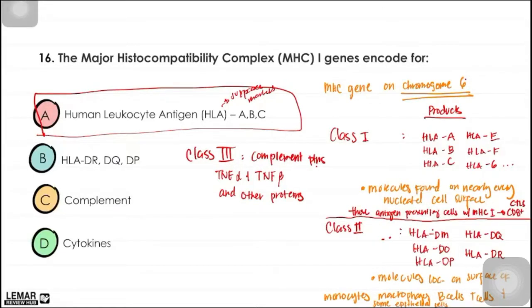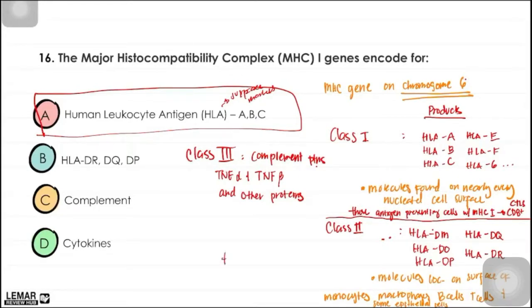So important to remember also in the class 2 molecules. So this class 2 molecules containing antigen presenting cells, they present antigen to T helper cells.